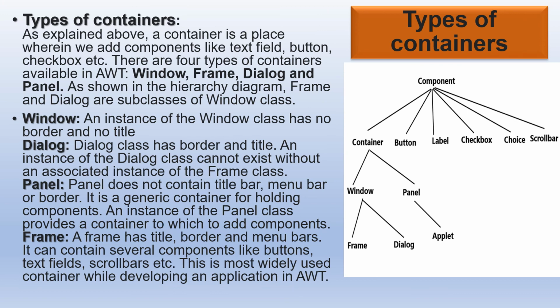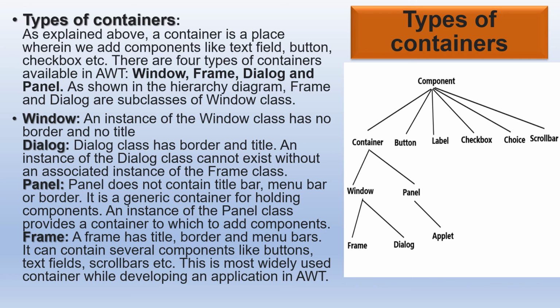What are the types of containers? See here the same diagram is given at the right hand side, and as we have explained, the container is a place where we add components like text fields, buttons, checkboxes, scroll bars, etc. There are four types of containers available in AWT, that is window, frame, dialog, and panel.